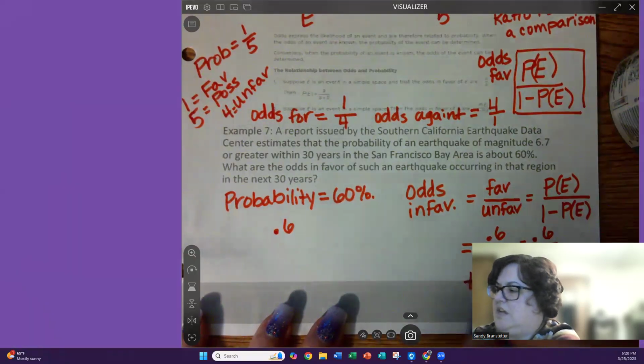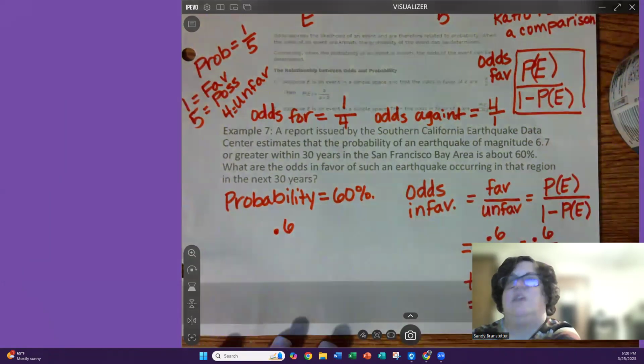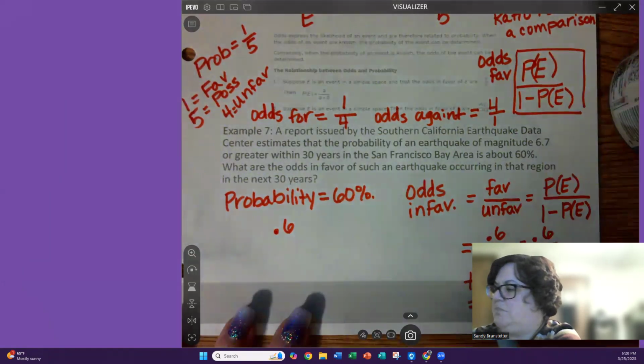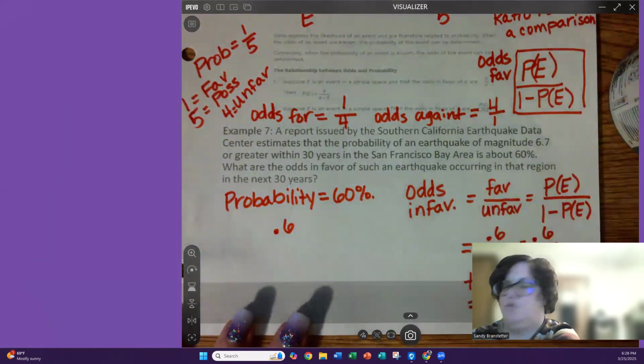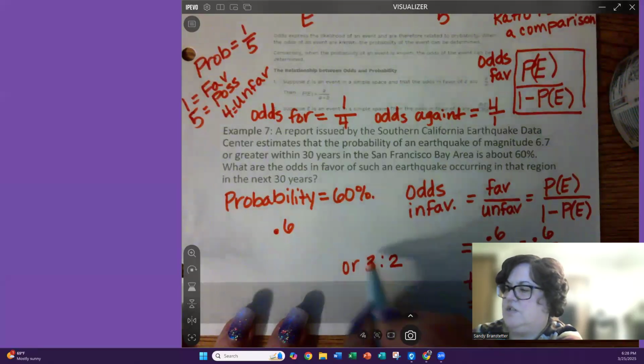And then we're going to take top divided by bottom to get rid of the decimals. And then hopefully your calculator gives you 3 over 2 or 1.5. And we want to leave it as the comparison. So 3 over 2. Or, of course, we can use the colon, 3 to 2.